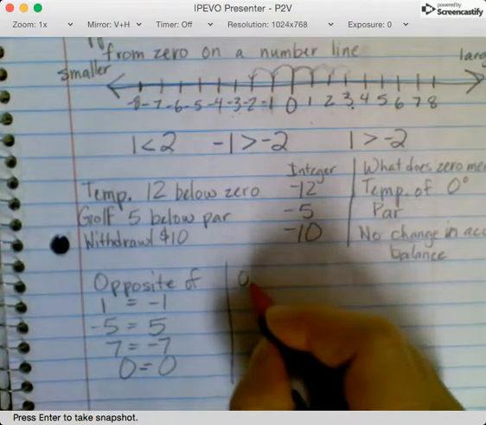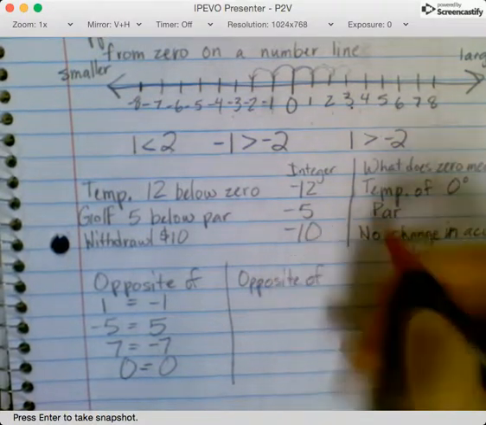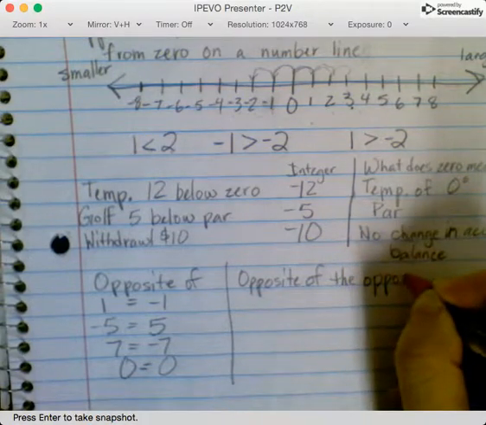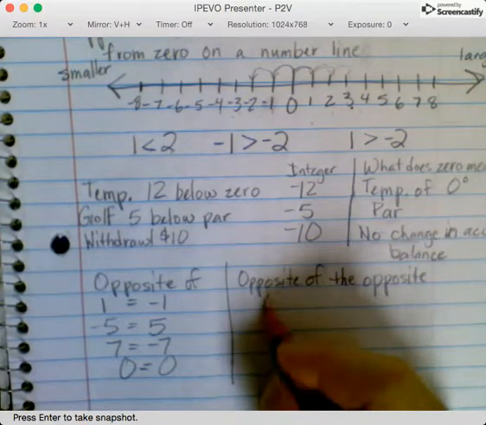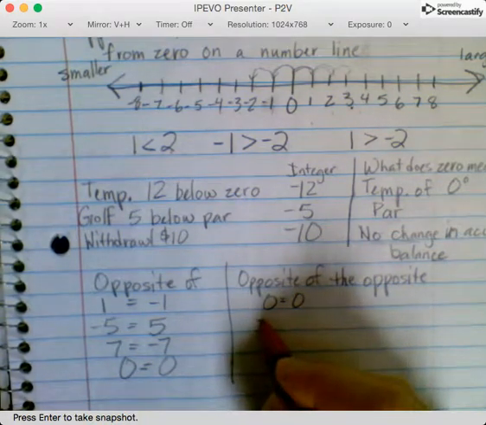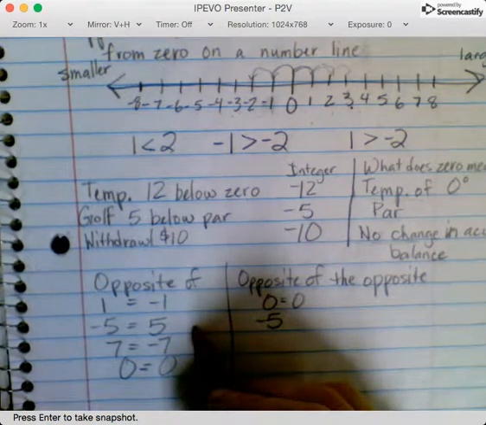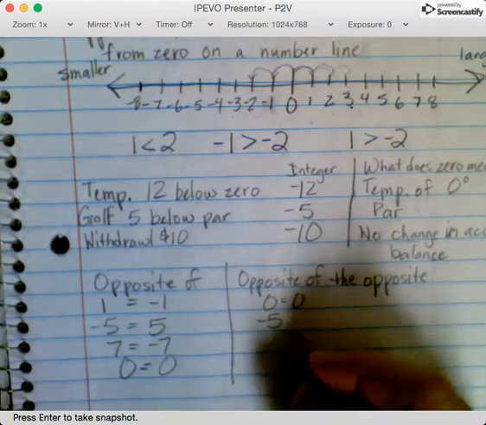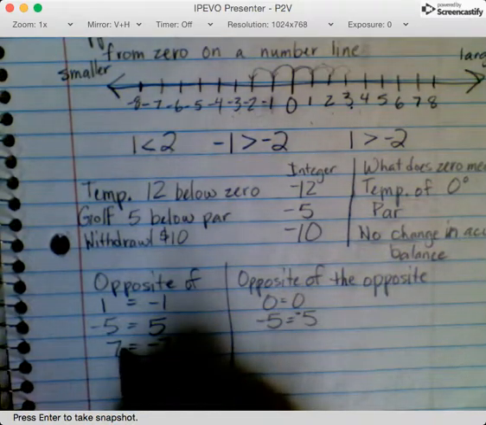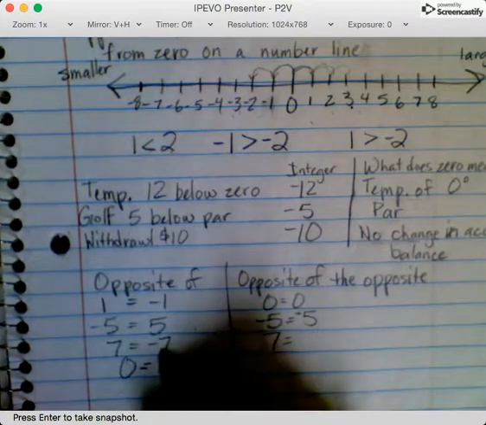If I said the opposite of the opposite, well, what's the opposite of the opposite of 0? Well, that would be 0. What about negative 5? The opposite is 5. The opposite of that would be back to negative 5. The opposite of 7 is negative 7.